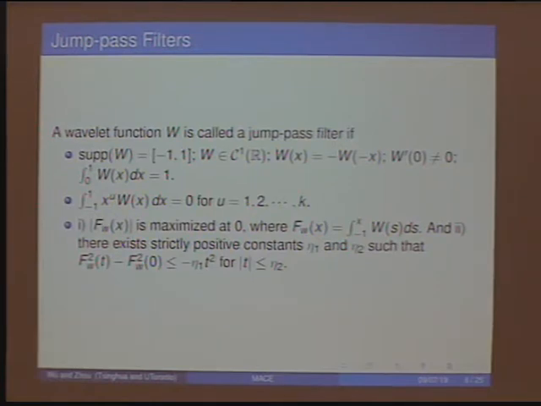Another very important point about this wavelet is that it has to satisfy a certain condition. This condition looks very complicated, but it basically means that if you apply this wavelet to your time series, the peaks of those applications will be exactly at the jump points.